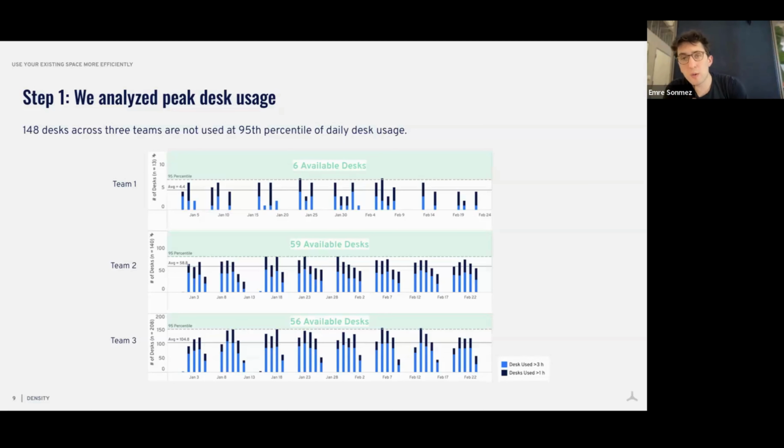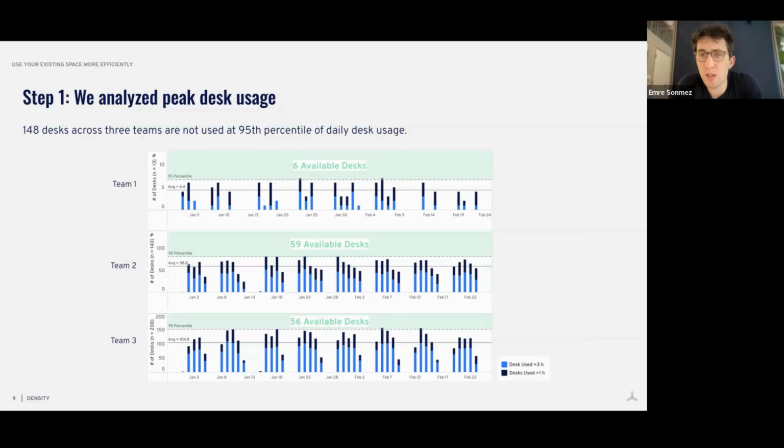And we're plotting on each day the number of their allocated desks that are used at least 1 hour and at least 3 hours a day. And so the green area is the number of desks that are unused on each team's busiest days. And so you can see team 2 doesn't use 59 of their allocated desks. Team 3 doesn't use 56.